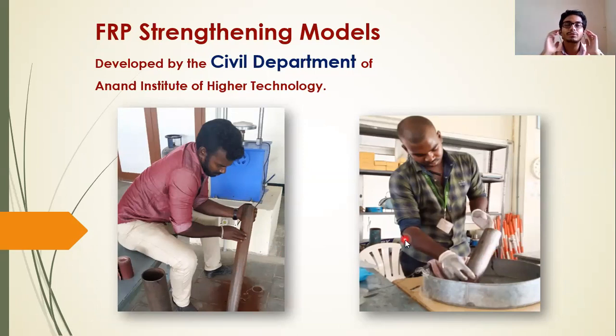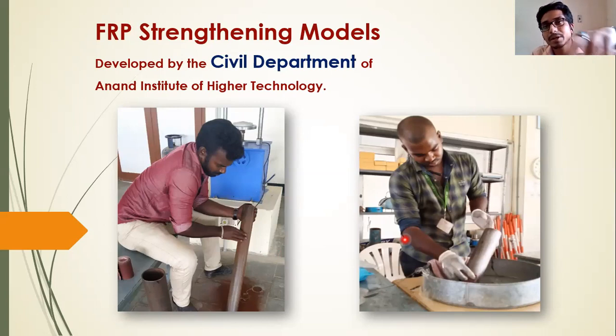When we apply some FRP, we have to glue the FRP by using some gluing materials or bonding agents. In some cases we use epoxy resins or different types of resins with a hardener.